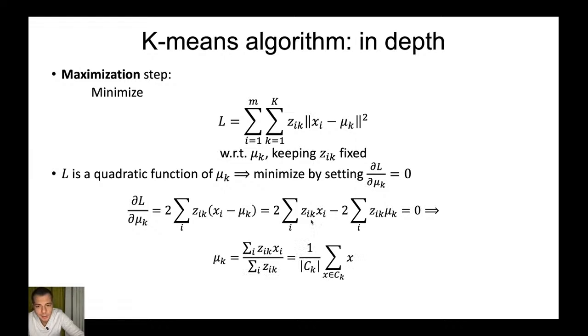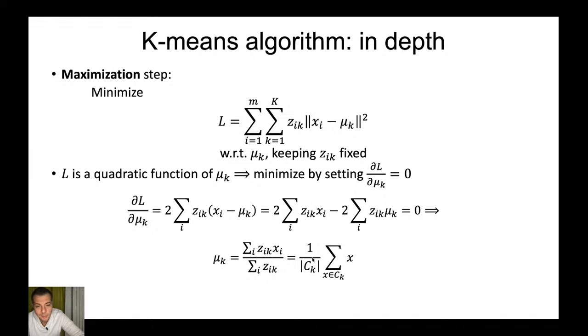So in the end, the solution in order to minimize this objective is to set the centroids equal to this, extracted from this part. We can eliminate the 2 here, and what we are left with is z of i and k multiplied with xi divided by the sum of z of i and k.